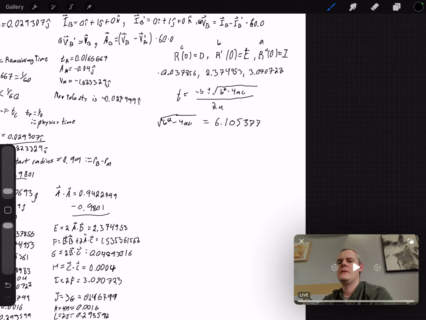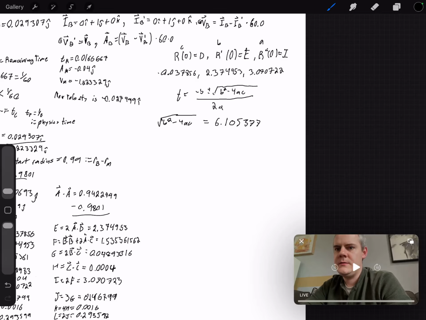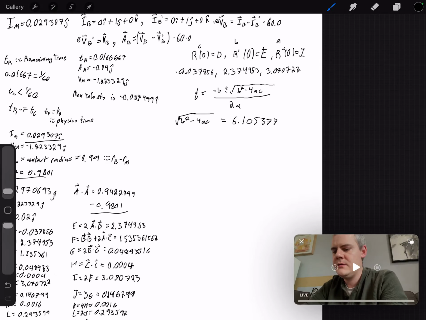Okay. Get up the calculator. What do I think this should be? B squared, 2.374953 squared, minus 4 times 0. Negative? Is that a little negative symbol there? That is. How many negatives do we have? We have 2.